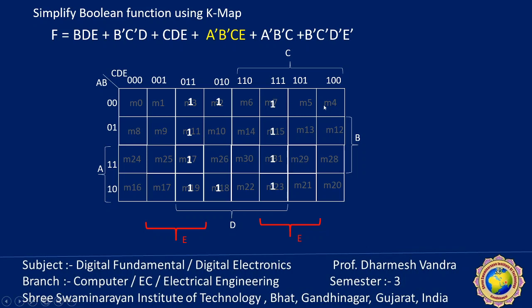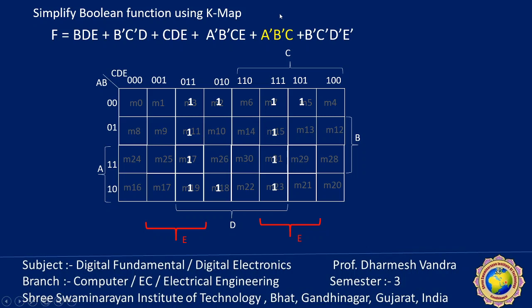I hope it is making sense to everybody. A dash B dash C is this one where the mouse is moving. These four cells are represented by A dash B dash C, and E is only represented by these two cells, M5 and M7, where A is 0, B is 0, C is equal to 1. Forget about D, and E is equal to 1. So these two cells represent A dash B dash C E. Okay, very good. Let's include these minterms also.